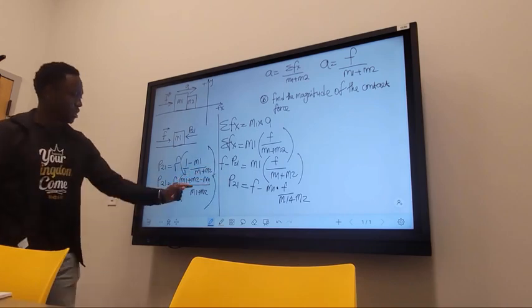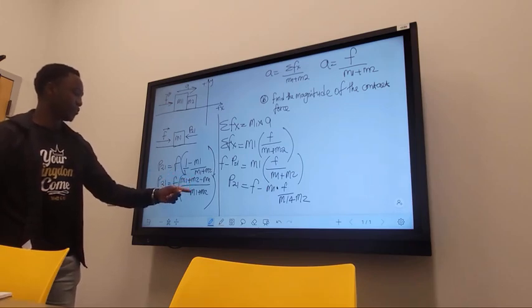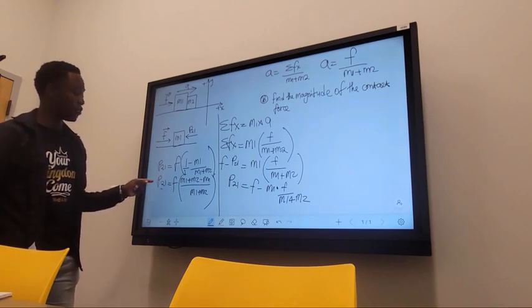Already you can see minus m1 and plus m1 cancels out. We will remain with m2 over m1 plus m2 multiplied by the force F. That is our contact force.